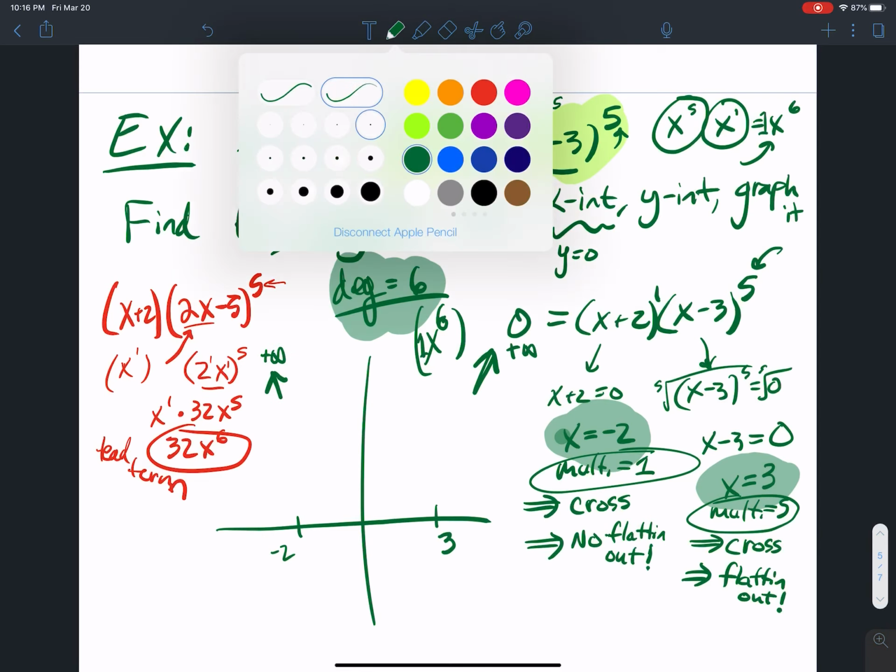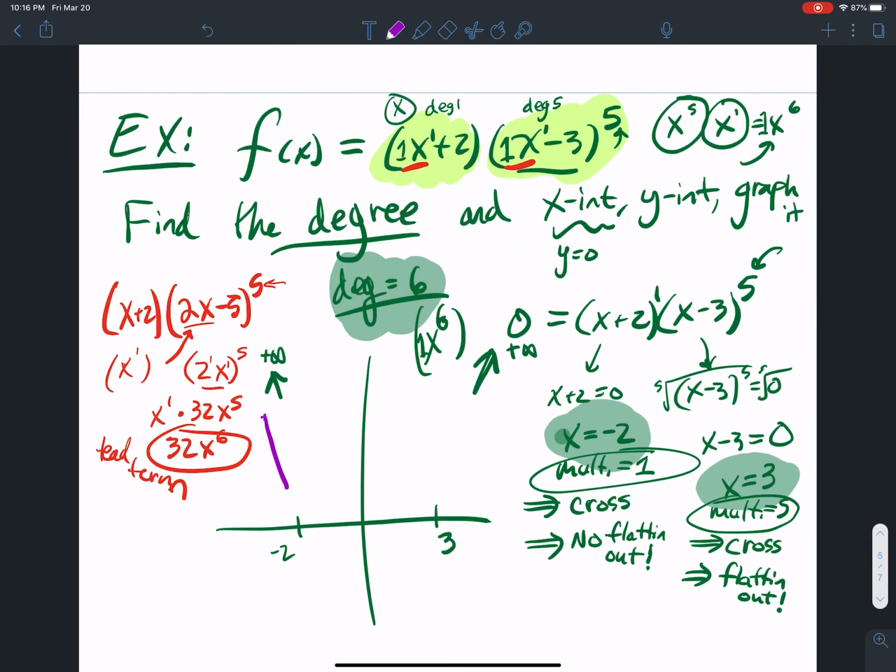Okay, so my graph, the curve, comes down from positive infinity. And how do we cross at negative 2? We cross with no flattening out, so we go straight through it. That's what I'm looking for. And then I come back up, and when I cross through at the root of 3, the multiplicity is 5.